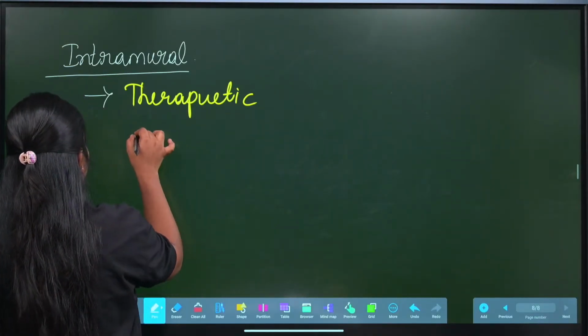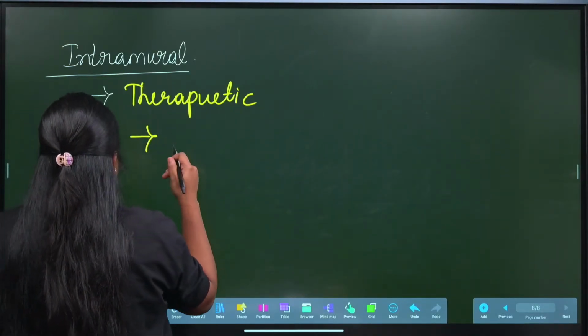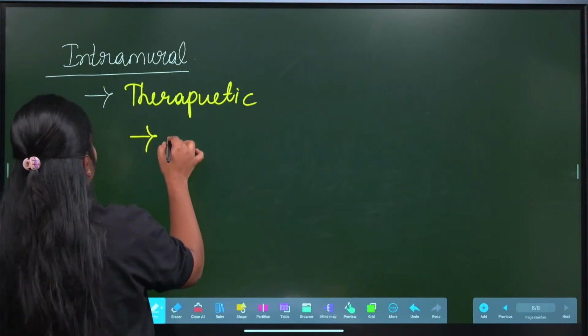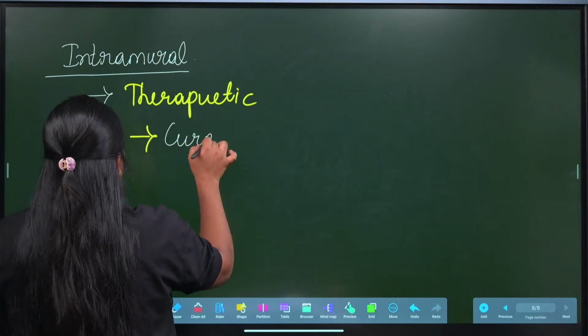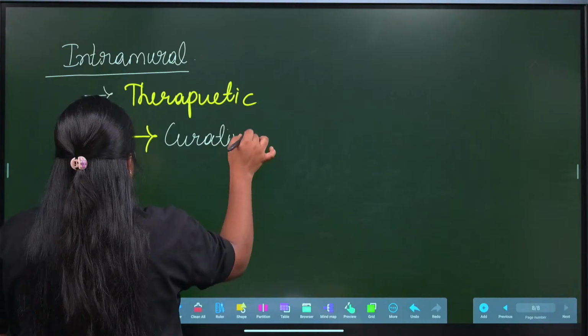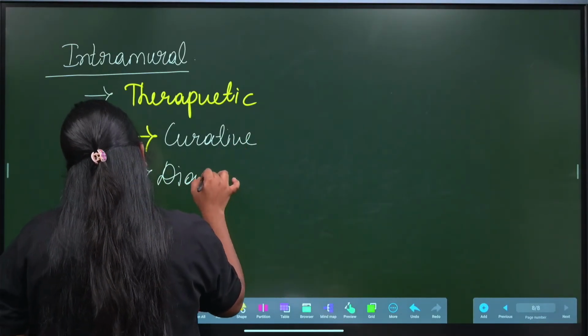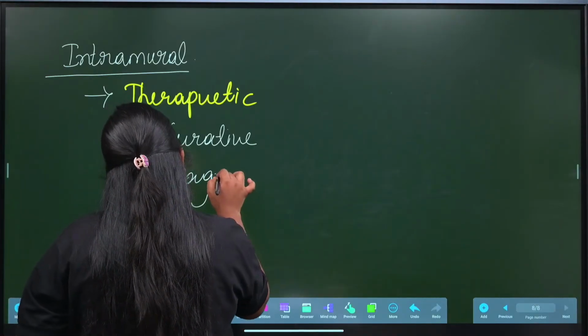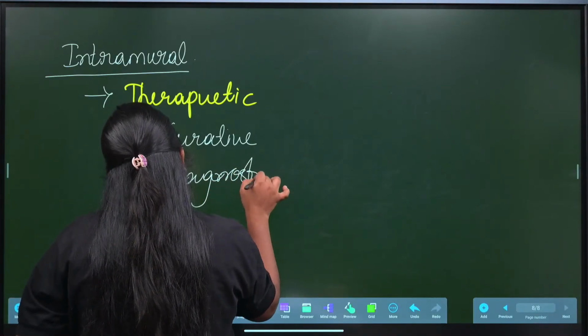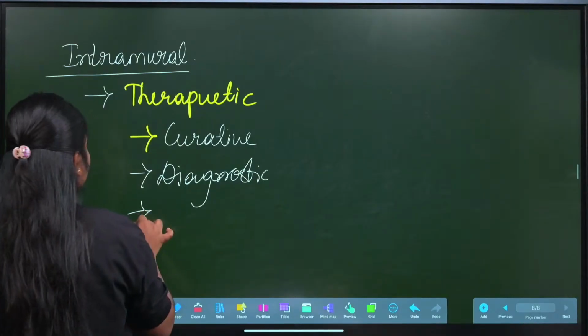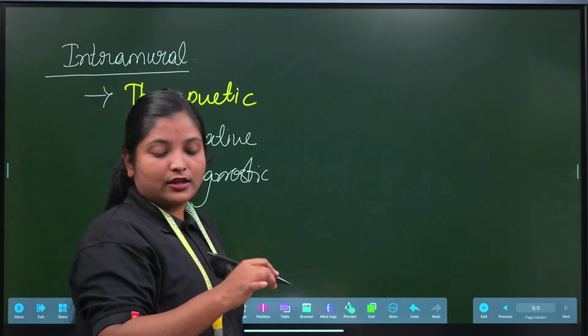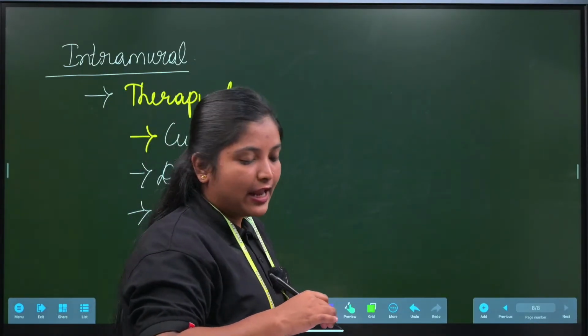Therapeutic functions: first curative, diagnostic, and we have rehabilitation.